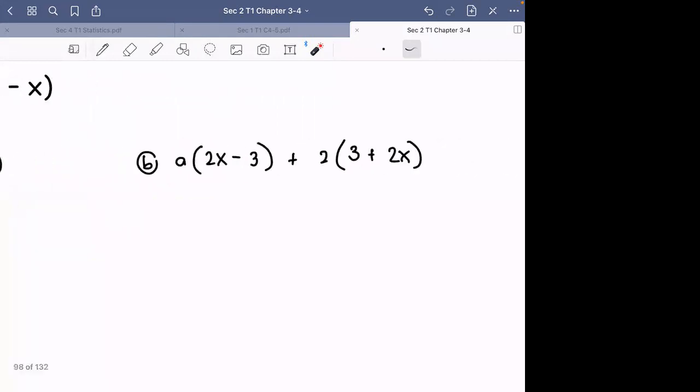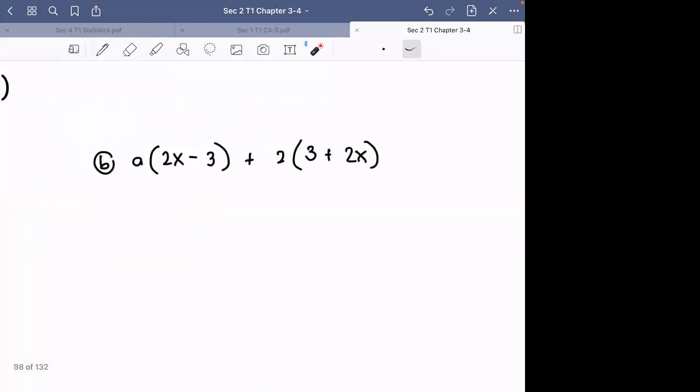Okay. So let's have letter B. Sorry. All right, so for letter B, we have a times 2x plus 3 and then plus 2 times 3 plus 2x. So obviously, class, these two here are basically the same, right?